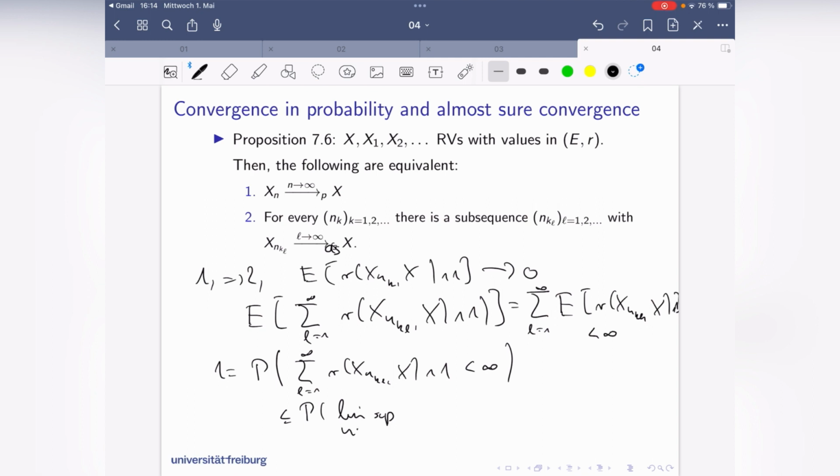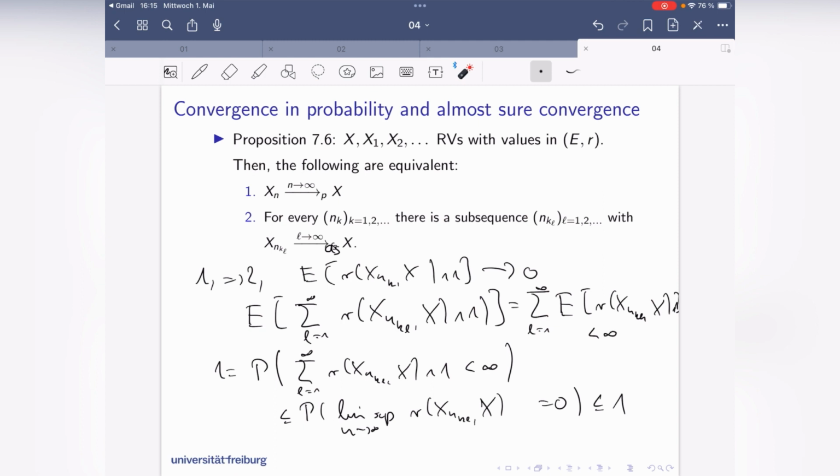As n goes to infinity, ρ(X_{n_k_l}, X) minimum 1. Okay, that's 0, and this is 0 if and only if it's 0 when I forget about the minimum 1 here. And this of course because the probability is smaller or equal to 1.